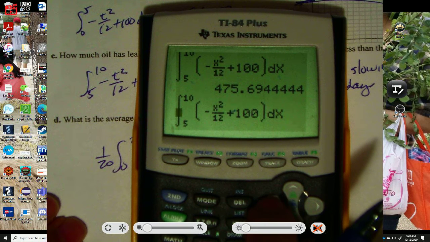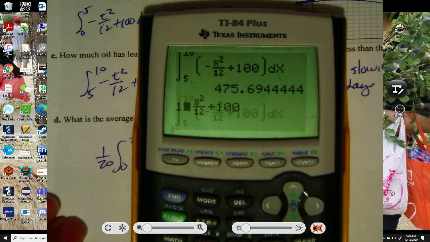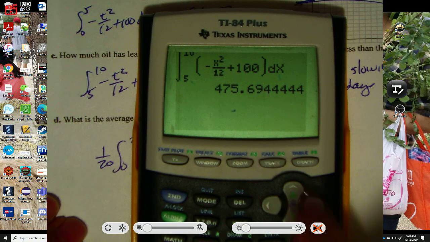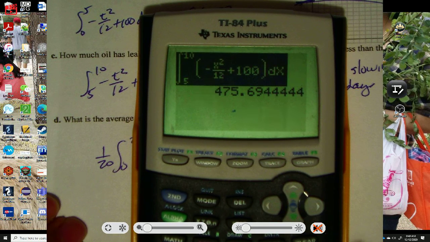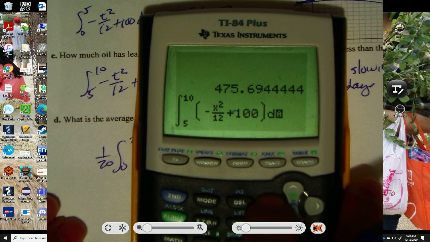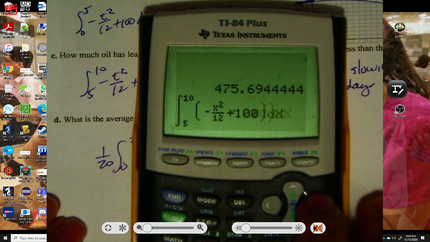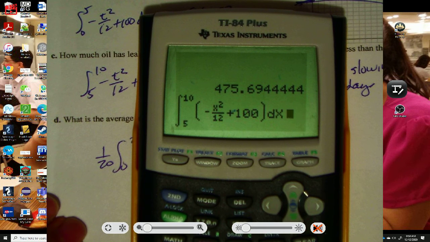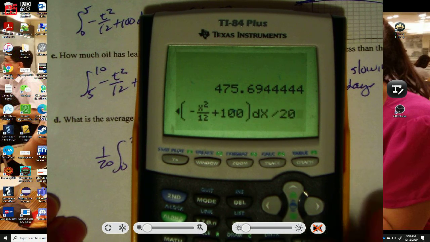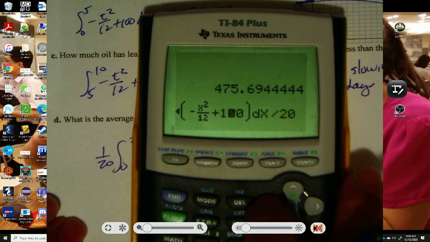Oooh, bad idea. I forgot to hit the insert button. Instead of going far left, we could just say divide by 20 after the dx. Then it should be fine.